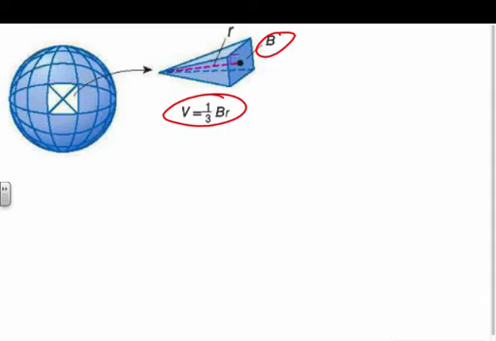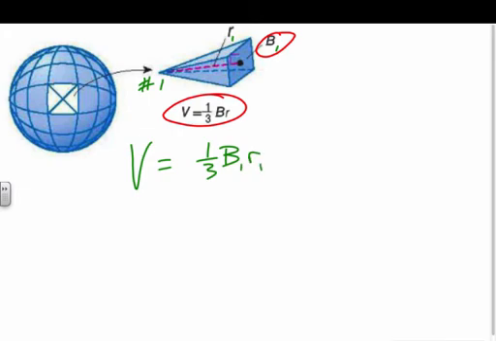And if I think about this, to find the actual volume of this sphere, we would add these up. So for example, let's call this one B sub 1 and R sub 1, this pyramid number 1. So I would take 1/3 times B sub 1 times R sub 1.